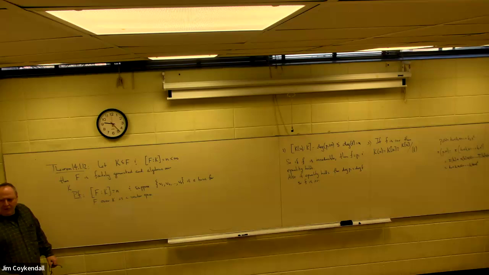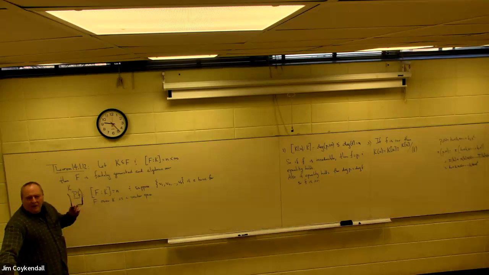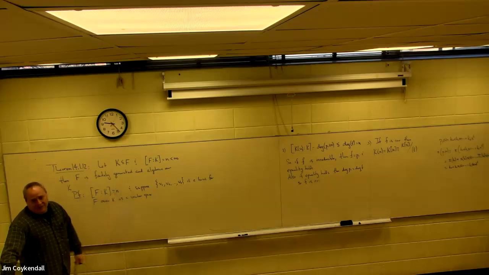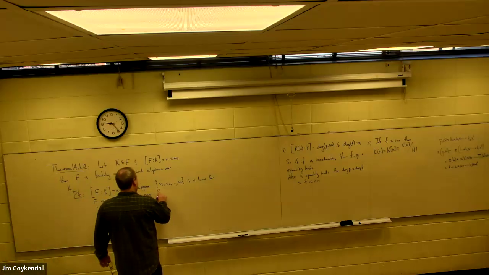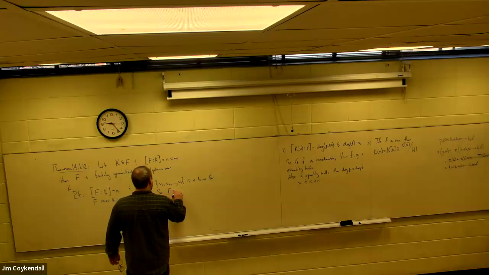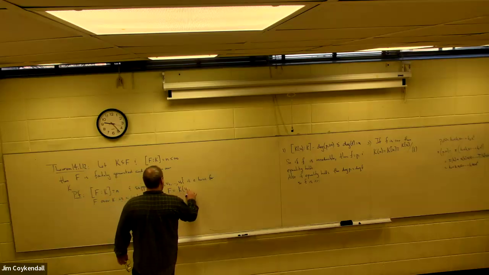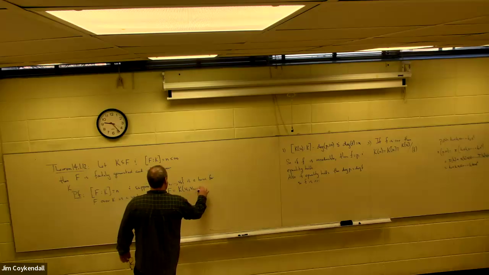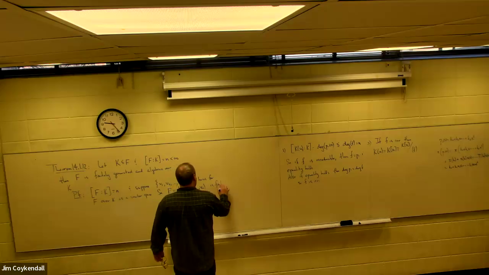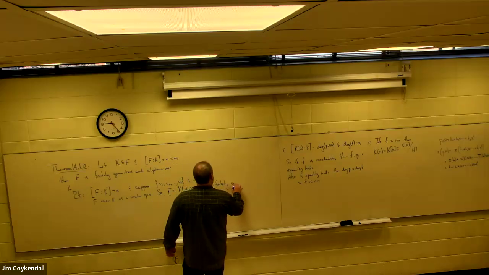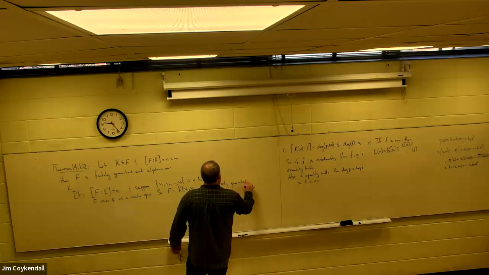I mean, in a certain sense, it's even stronger than finitely generated, because everything in F is a K-linear combination of those n b's, right? So let me do overkill. So this is finitely generated over K.